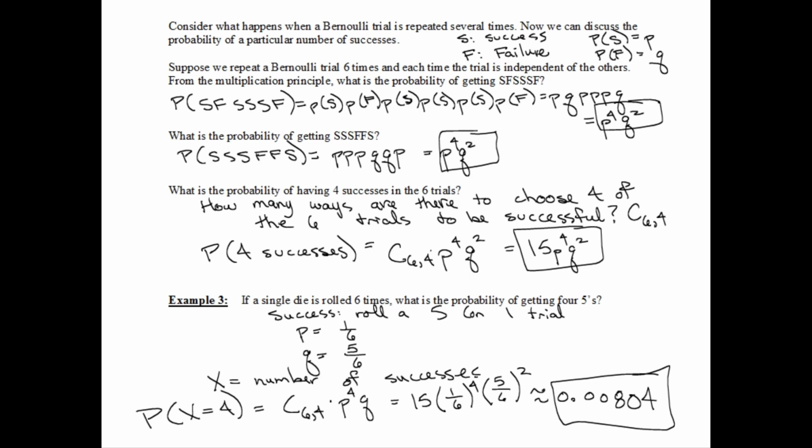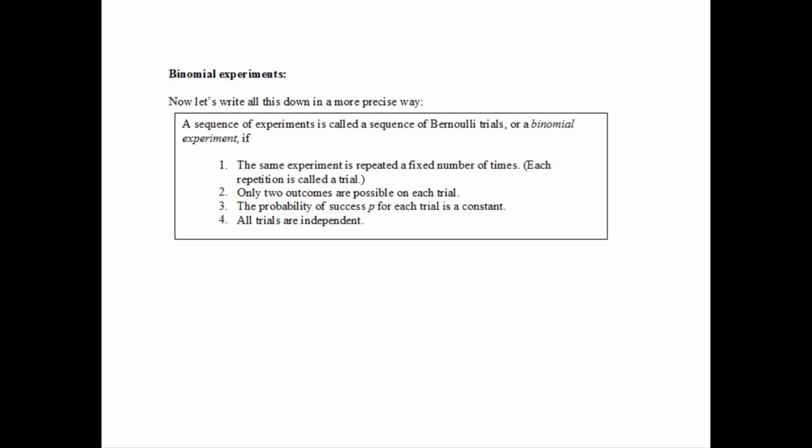This leads us to a more formal description of this. This is what we call a binomial experiment. A sequence of experiments is called a sequence of Bernoulli trials, and we call that a binomial experiment.